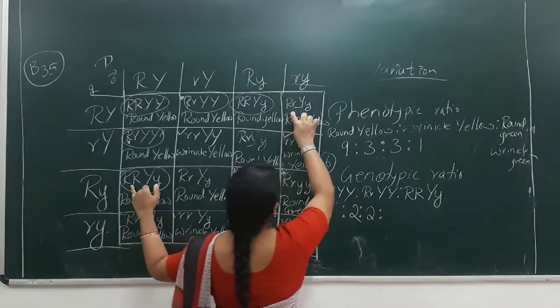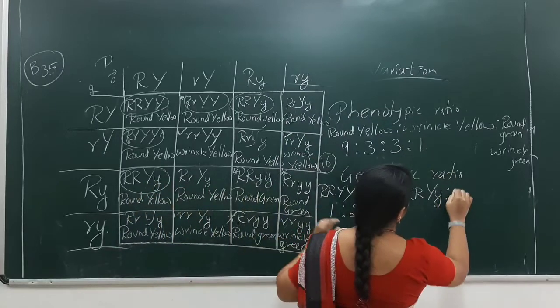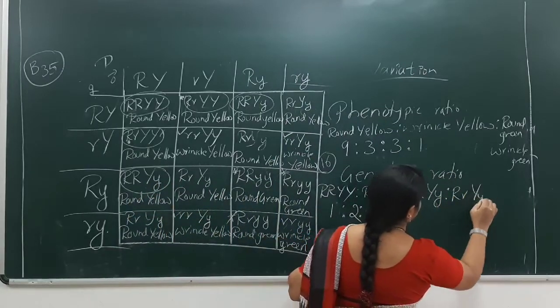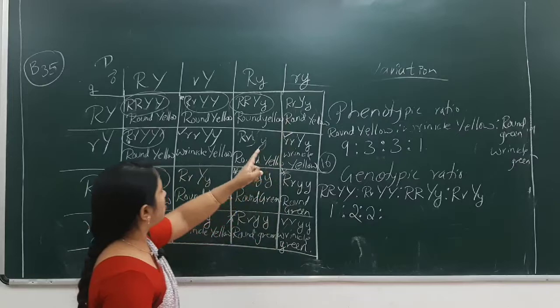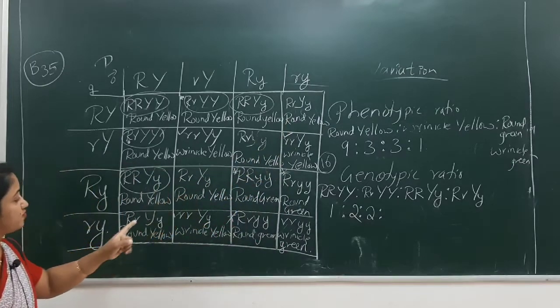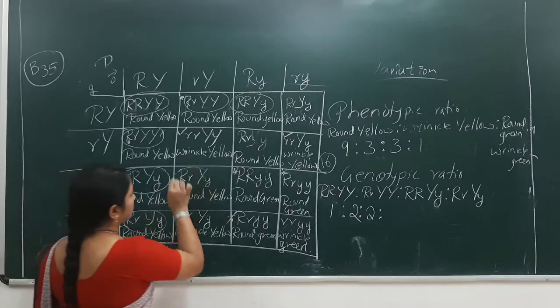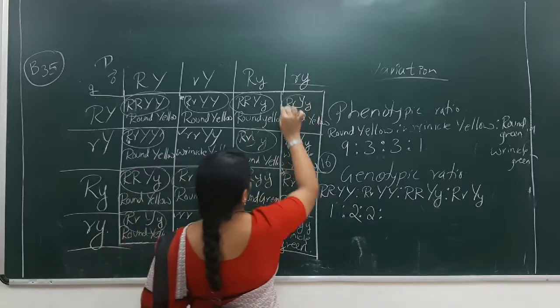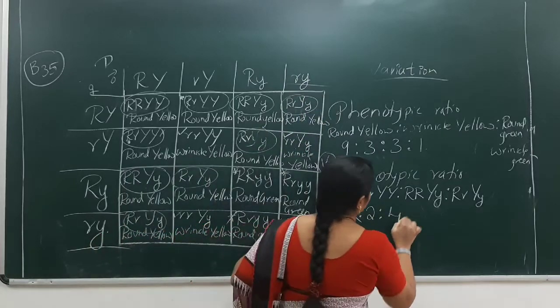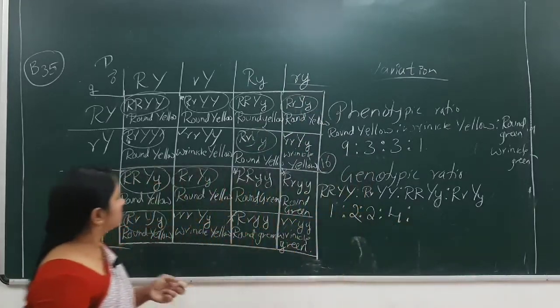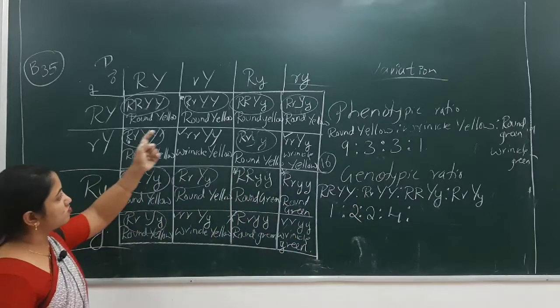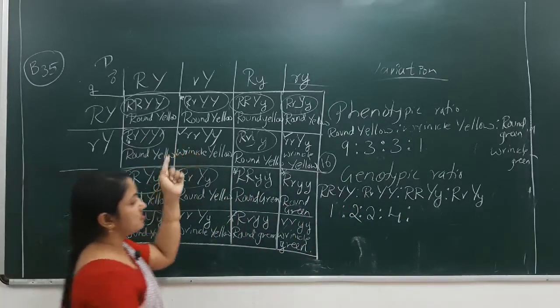Next is capital R, capital Y, small y. How many capital R, capital Y, small y's are present? 4 capital R, capital Y, small y's are present. Put here 4. So this is done, right? Move on to the next genotype.